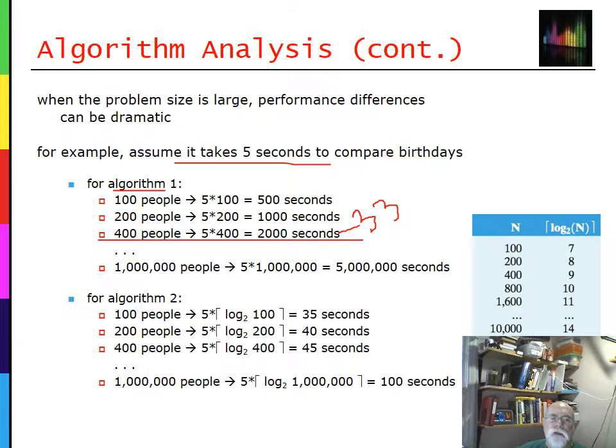Now using algorithm number 2, and again we're going to do 400 people, because we're doing the comparing and eliminating, it takes only 45 seconds.